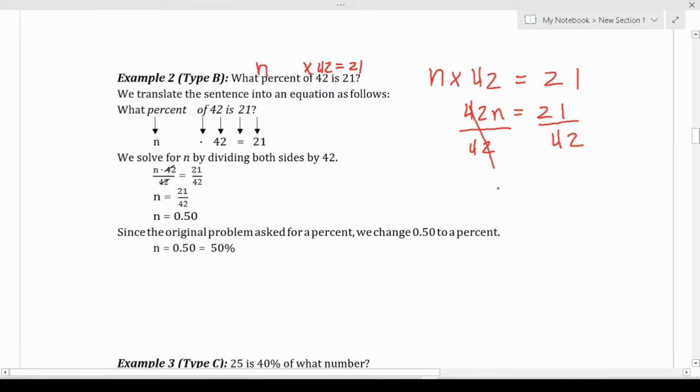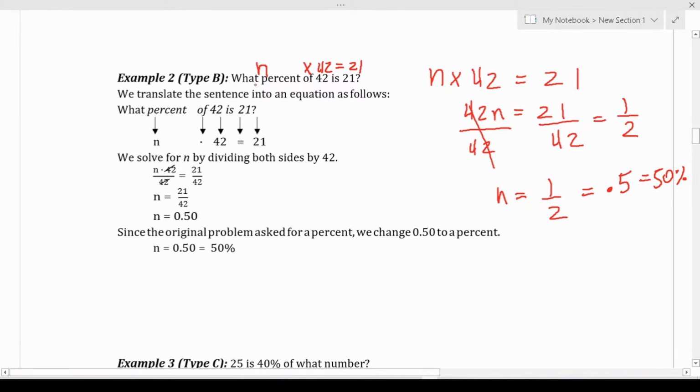This crosses out, leaving us with this fraction that is 21 over 42. And 21 divided by 42 is actually 1/2. So n can be 1/2, which we know is 0.5 or 50%.